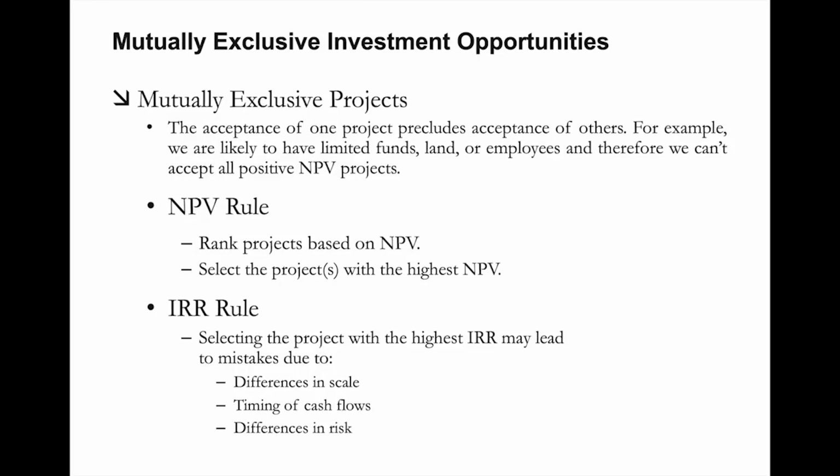If we were deciding between 2 projects using the internal rate of return, well, recall from the last slide that the internal rate of return was essentially showing the average return on investment. So you might conclude and say, okay, I will choose the projects that give me the highest return on my investment. And that's ultimately going to lead to some mistakes.